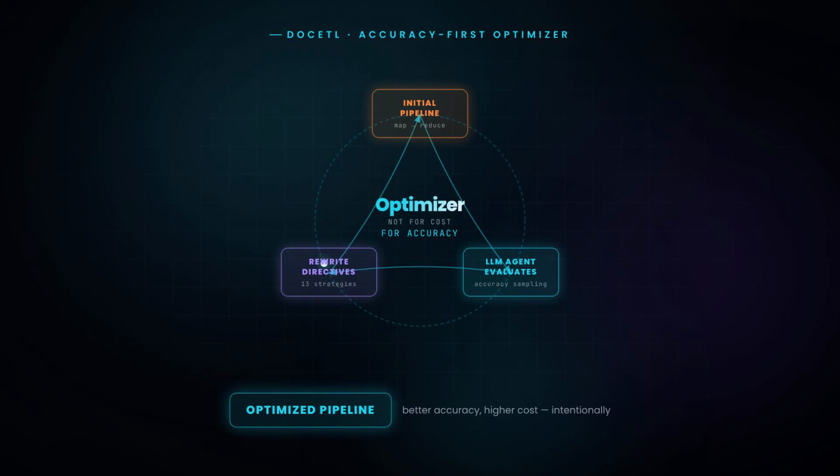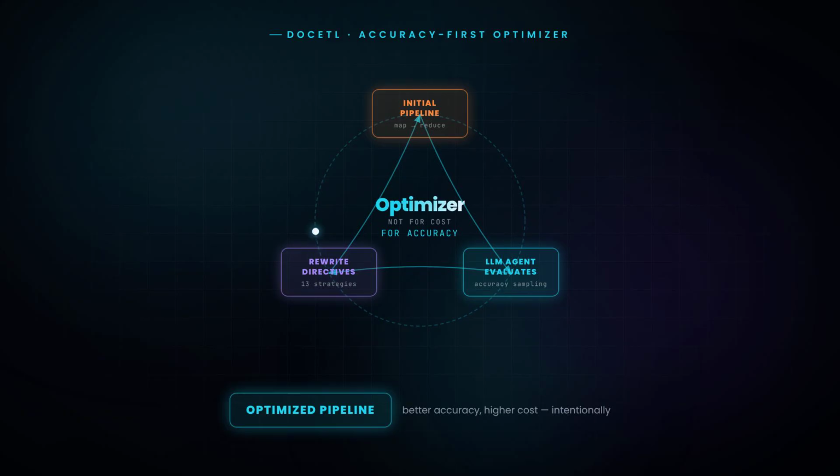DocETL is their system, a declarative YAML interface for defining LLM-powered data pipelines paired with an agentic optimizer that automatically rewrites your pipeline into a better one. It uses LLM agents to do the rewriting, and a separate class of agents to evaluate whether the rewrite actually helped. The result is a new kind of query optimizer, not for cost, not for latency, but for accuracy.